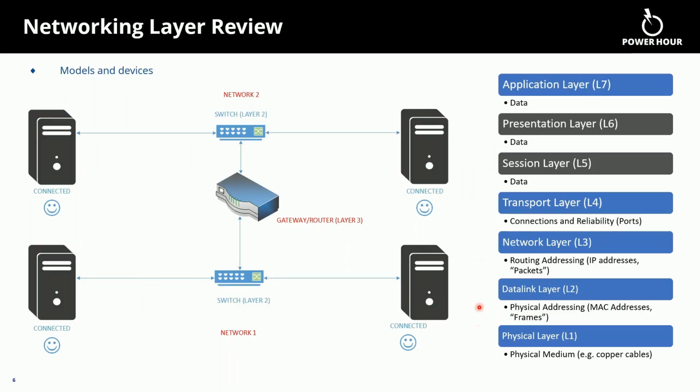Again, layer 2, frames, MAC addresses, switches. Layer 3, packets, IP addresses, and routers. So for something to be routable, that means it's able to go between networks utilizing layer 3. So that's the quick answer. Definitely throw another one in the chat. We can get back to you later if you have a follow-up question on that.